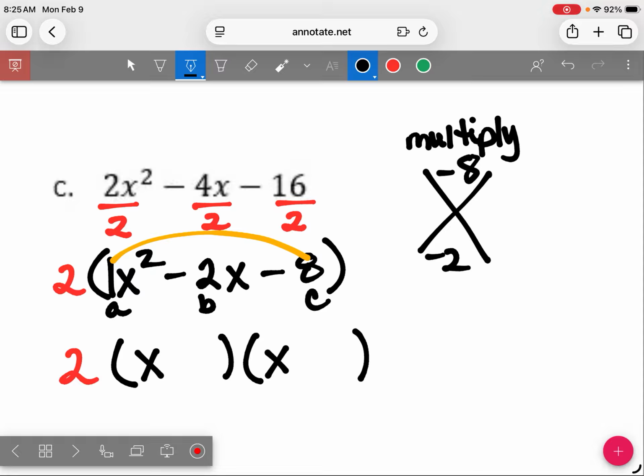But find 2 numbers that multiply to -8 and add to -2. And I'll give you a hint. The only way you can get a negative number on the top is if one number is negative and the other number is positive.